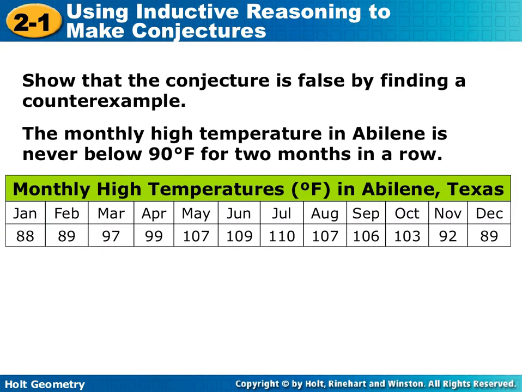Okay, here's a chart again. It's not the whales, but show that the conjecture is false by finding a counterexample. I think that the monthly high temperature in Abilene is never below 90 degrees Fahrenheit for 2 months in a row. Prove that my thinking is incorrect. Can you prove that incorrect?